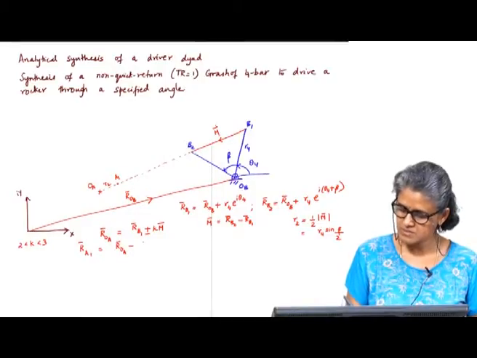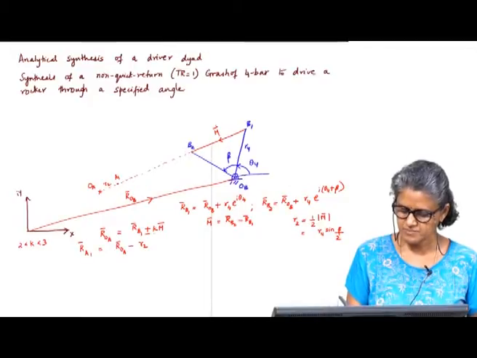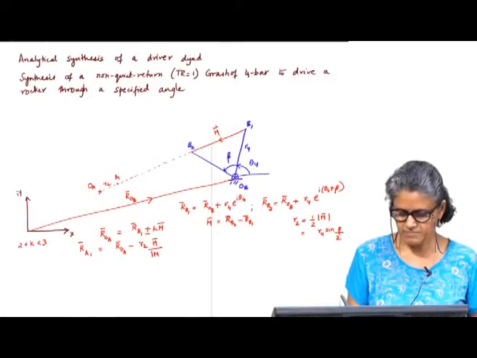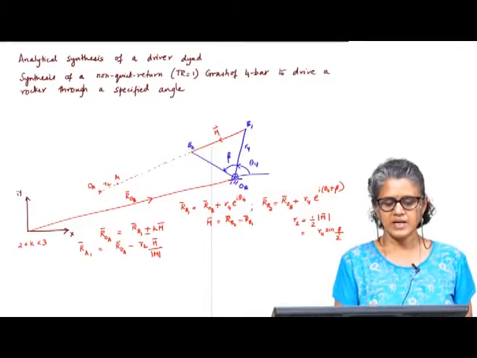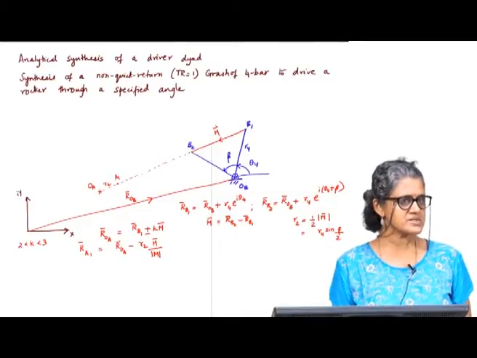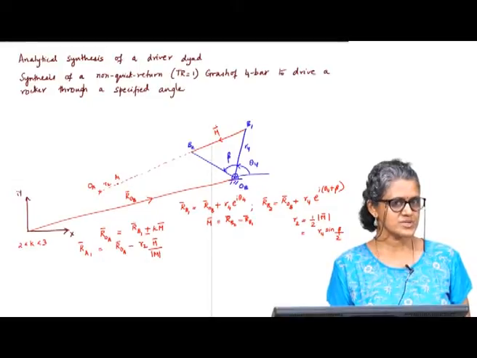M by mod M would be the unit vector along it. So now I have all the parameters I need for the design.